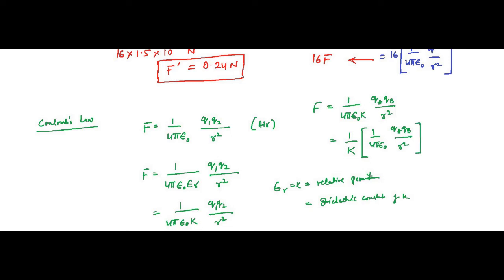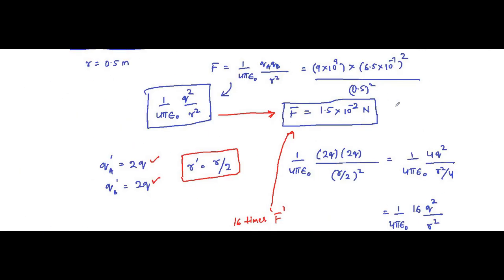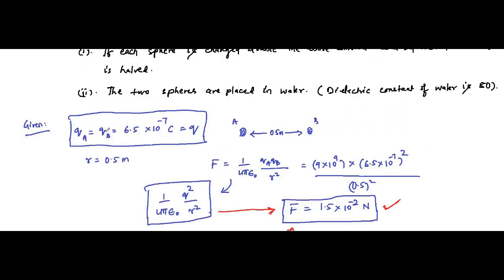This part we have already calculated in the first bit of the question, which is equal to 1.5 into 10 to the power minus 2 Newton, because qa qb is this much.